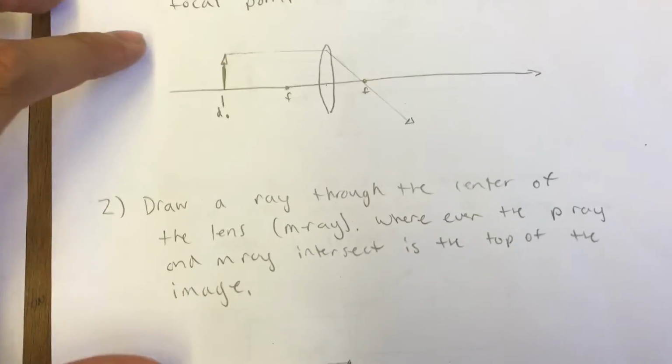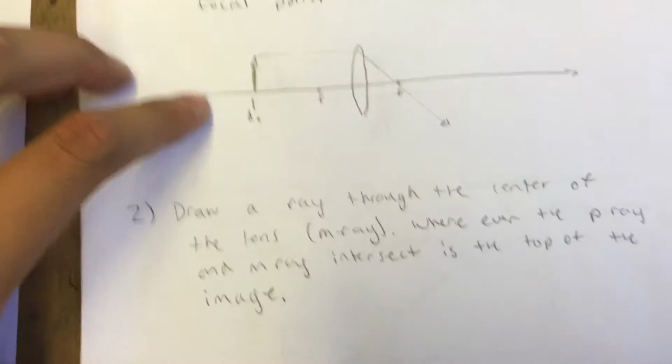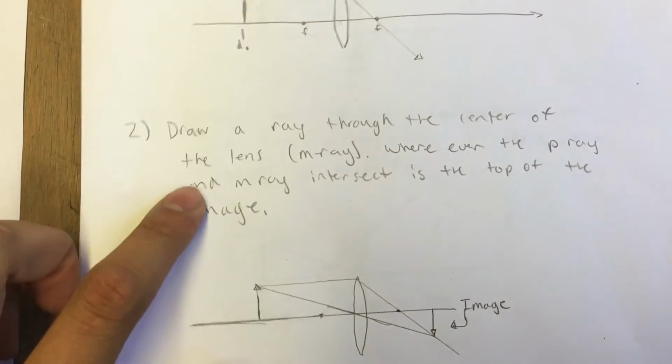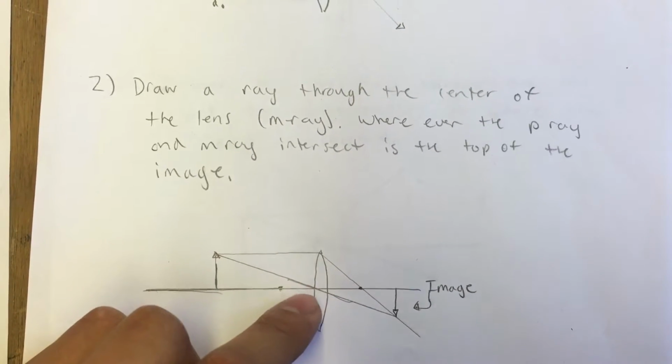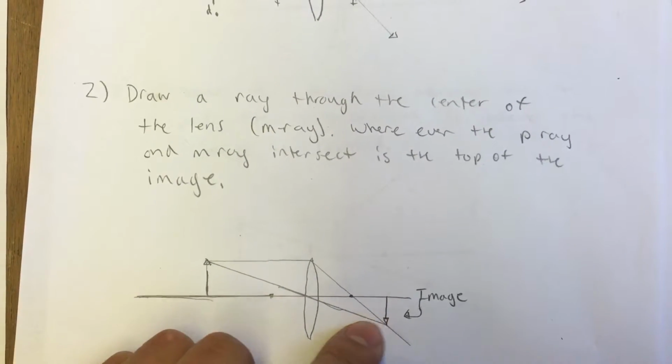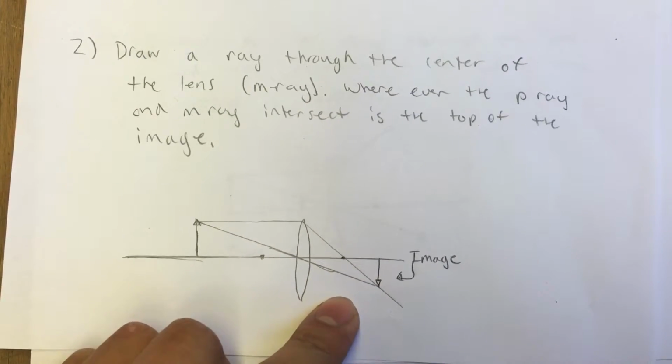This is called the P ray. Then, we want to draw a ray through the center of the lens, like so, and this is called the M ray, and wherever the M ray and the P ray intersect, that is where the image is.